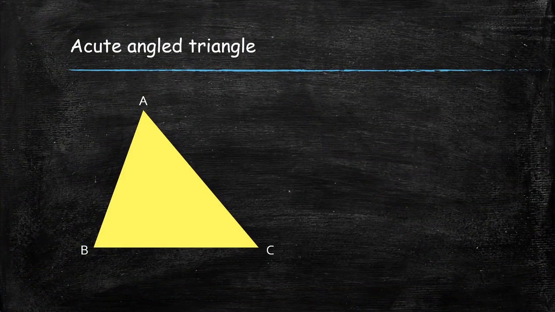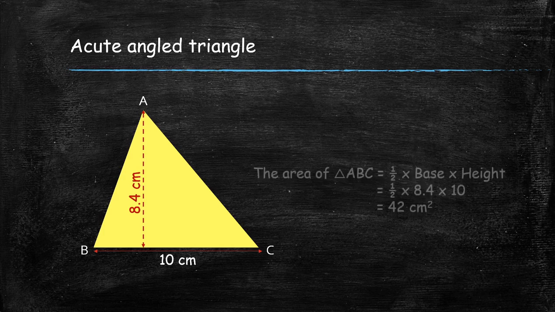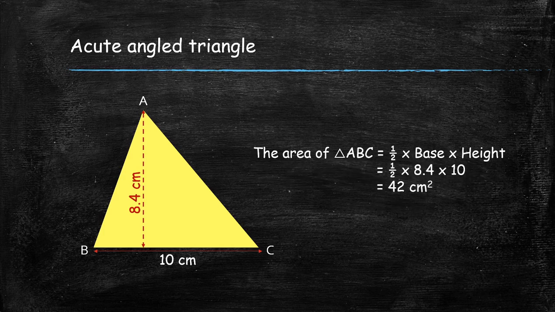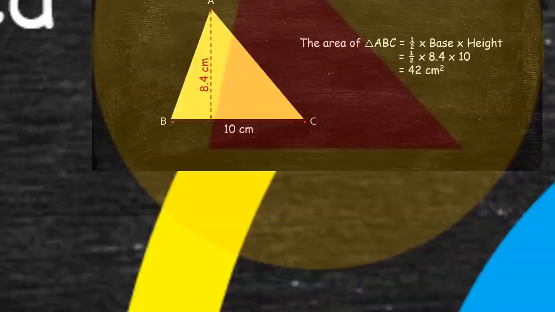So triangle ABC, we draw the base, which is 10 centimeter. Then we draw the height, 8.4 centimeter. You can see that the height is within the triangle. The area of triangle ABC is half into base into height, half into 8.4 into 10 is 42 centimeter square.